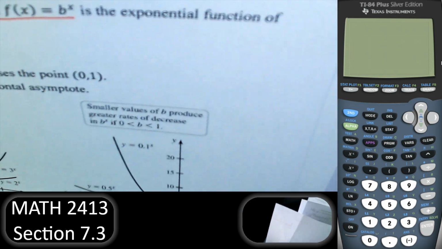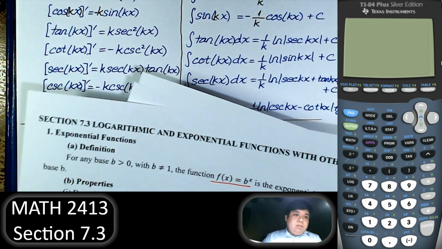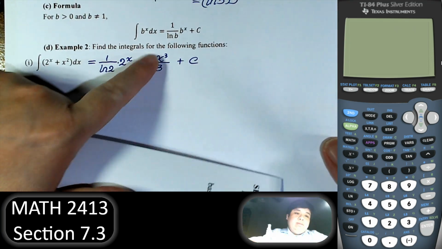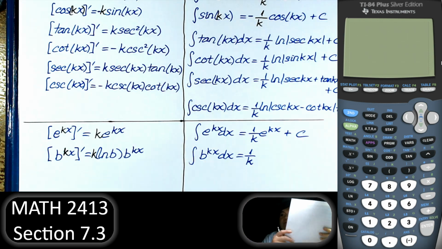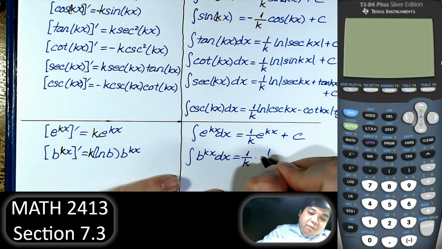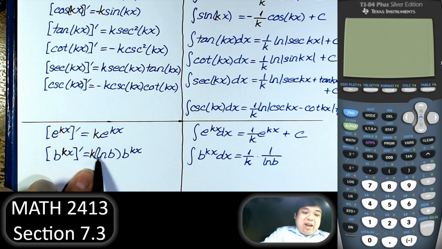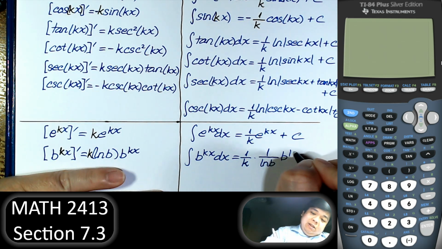So integral of exponential function, just divide by the base. Here we multiply by the base, integral we divide by the base. Yeah, so multiply by k ln b, divide by k ln b, same thing.